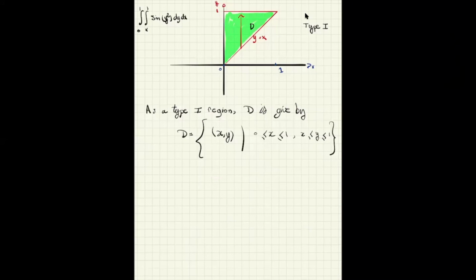Let's continue on the example. So we would like to express the region D as a region of type 2.